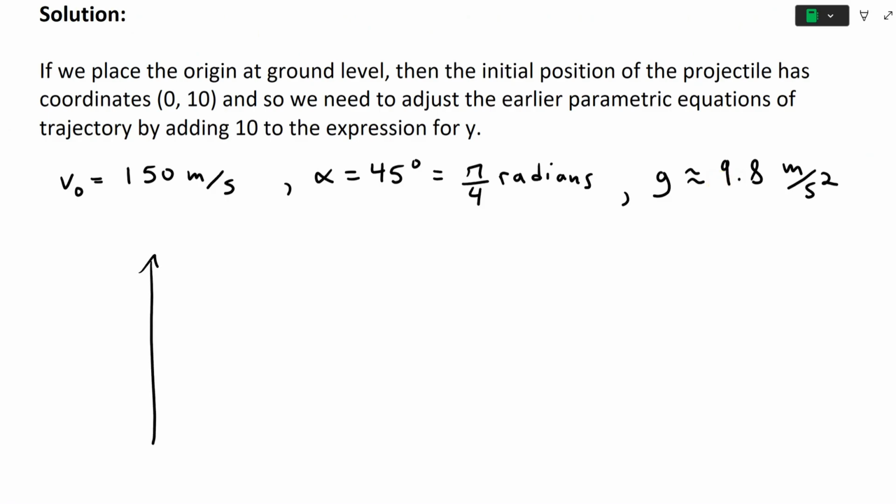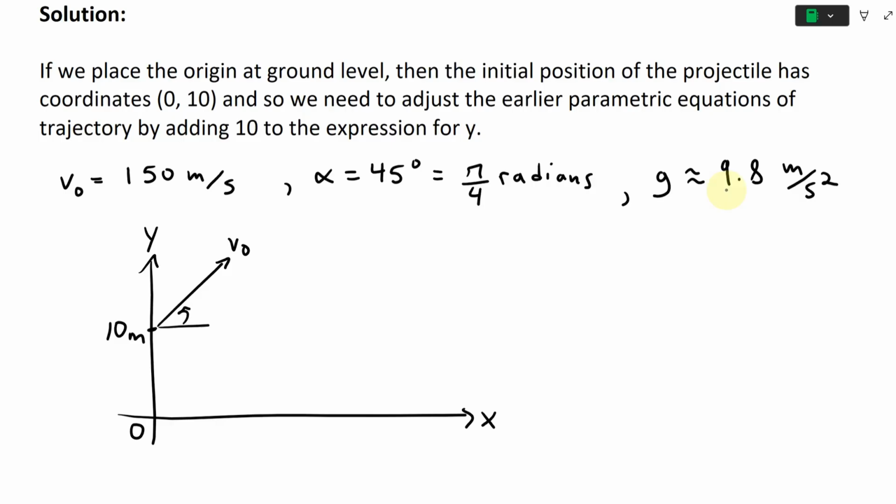Let's say we have the y-axis and the x-axis, and there's the origin, and then there's the height, 10 meters. It's going to be launching from there. That is our initial launch point, it has a v naught velocity, and there's going to be an angle alpha.